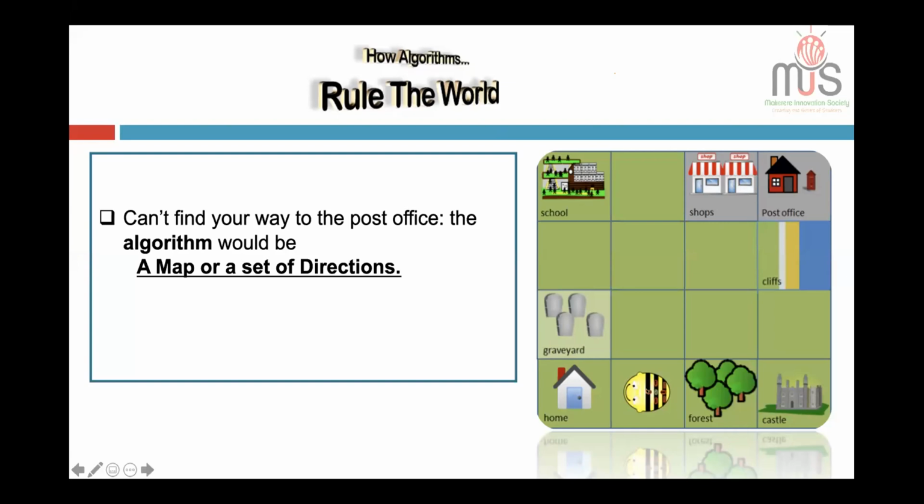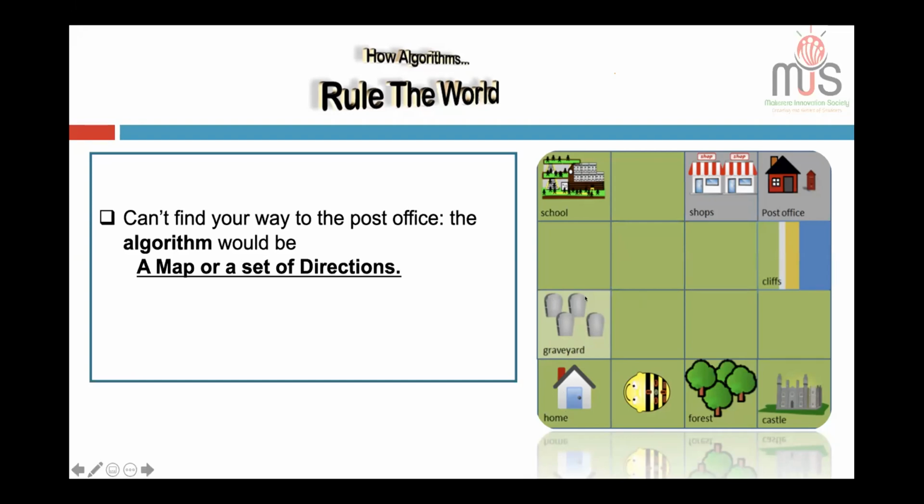So I am this person, I'm at home here. This is maybe Eliora, who is at home here. And Eliora needs to find her way to the post office. And we just want you to give us a map or a set of directions that Eliora would follow to reach this post office. But you have to note that Eliora is a very young girl who is below 10 years.